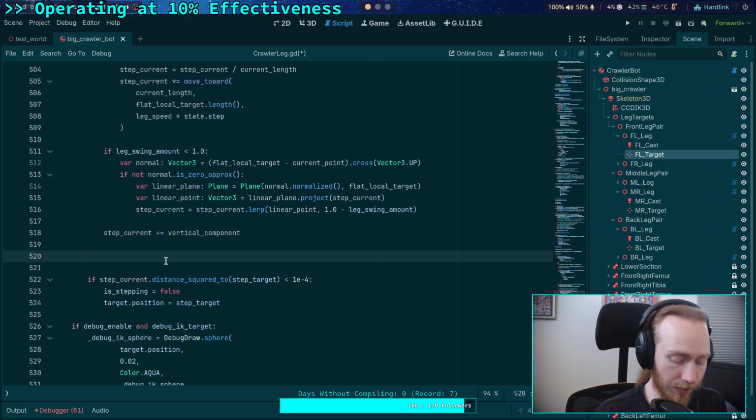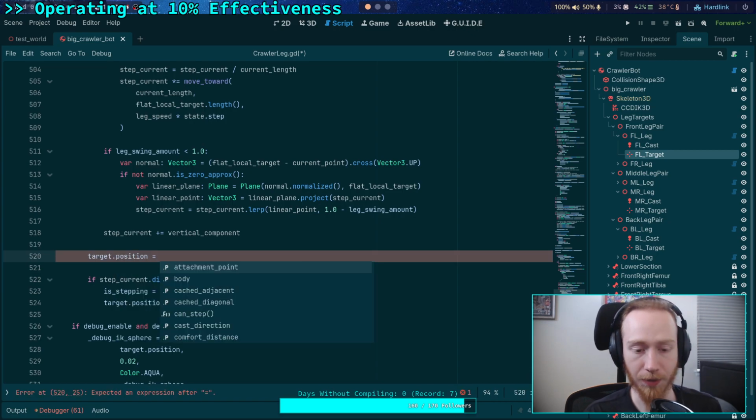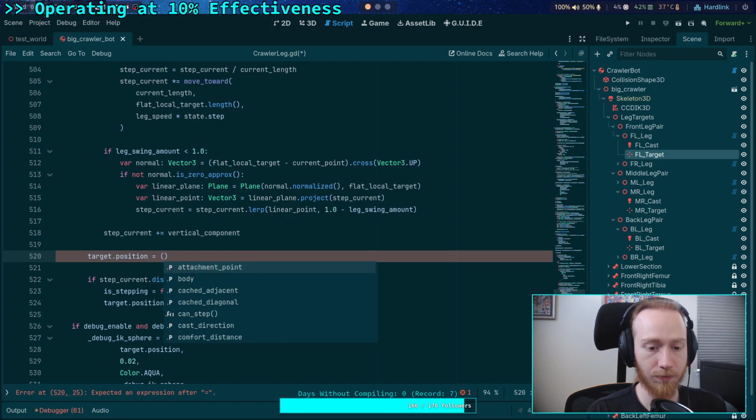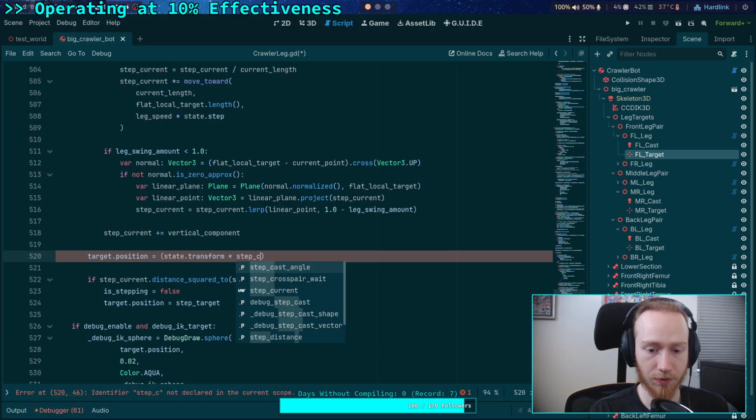So step current is now relative to the body, and to translate this position now into being relative to my transform, I could do, I guess I do state transform times step current.